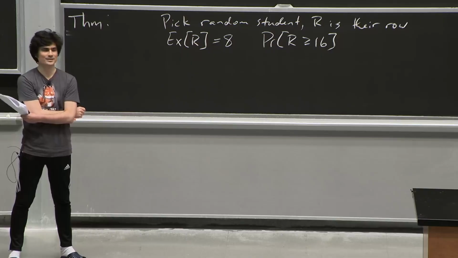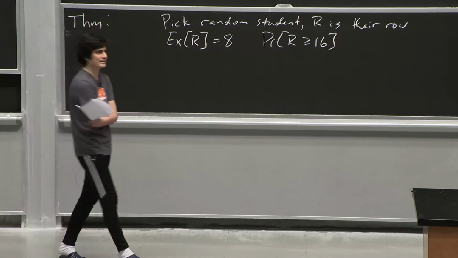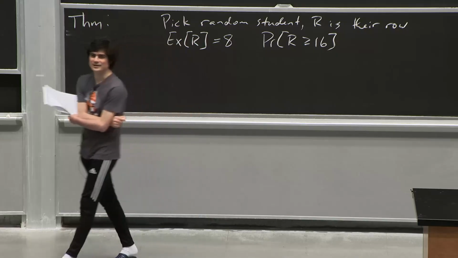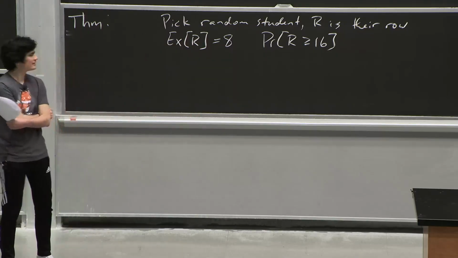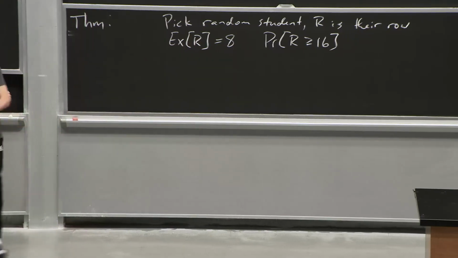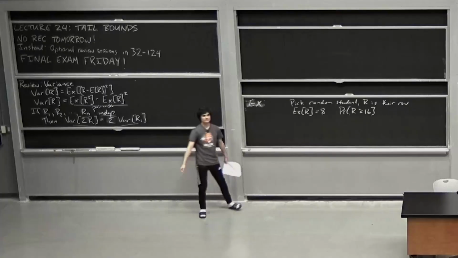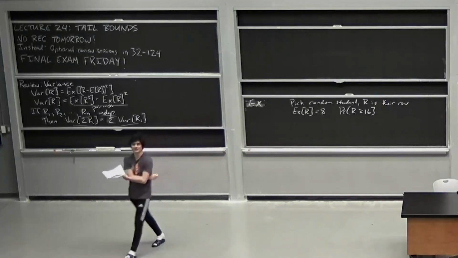I think there are 21 rows here. Does anybody have any idea? So maybe I should label this as an example. Yeah?